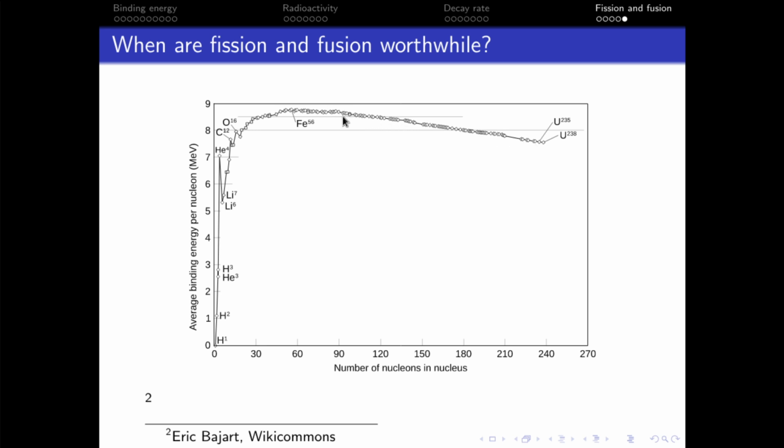So fission is viable in this part of the graph, which is why we use it with uranium 235, breaking down into smaller parts. We can get energy out of it because we end up with something more stable at the end. While fusion is viable here in this part of the graph, so with hydrogen, like in our sun, and some other pretty light nuclei, up to iron 56 approximately.